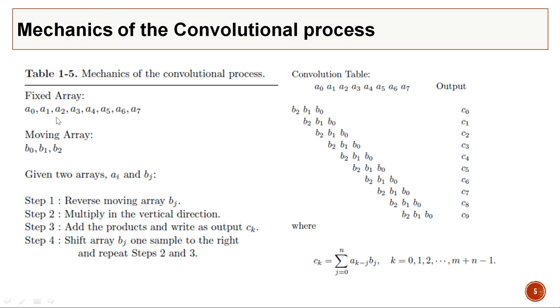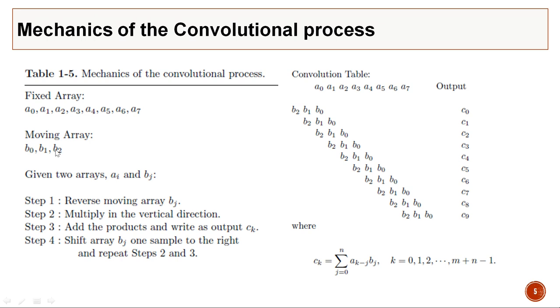Let's say that you have a function a with the elements a0, a1, a2, a3 up to a7, and another function b with elements b0, b1, b2. We first fix one of the arrays. So let's say we fix the array a with elements a0 to a7, written like that here, and then assume that the moving array is b0, b1, b2.